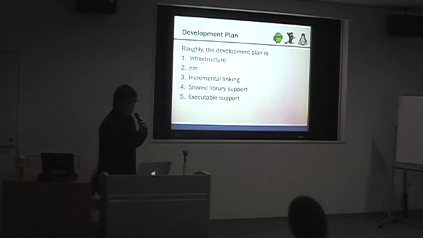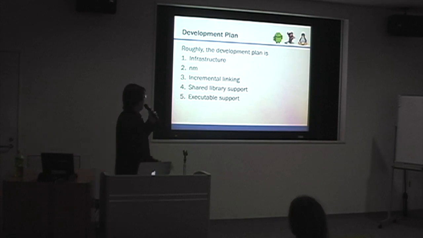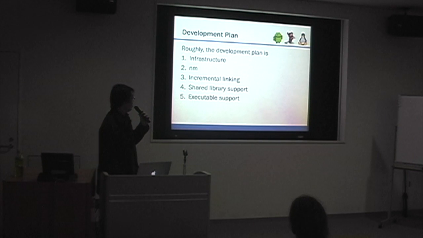Okay, and this is the rough development plan. Now we are developing the infrastructure. The next stage is a simple tool called NM, which can just show the information of our symbols. And the next stages are incremental linking, then shared library, then executable format support.